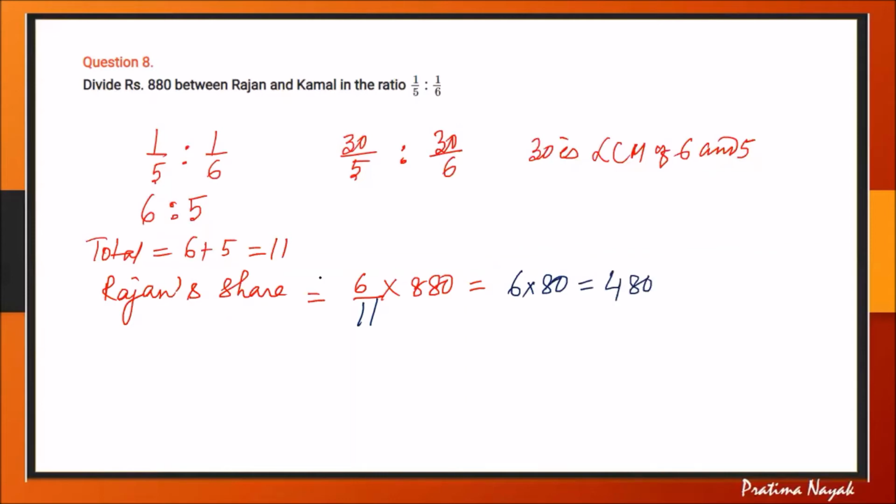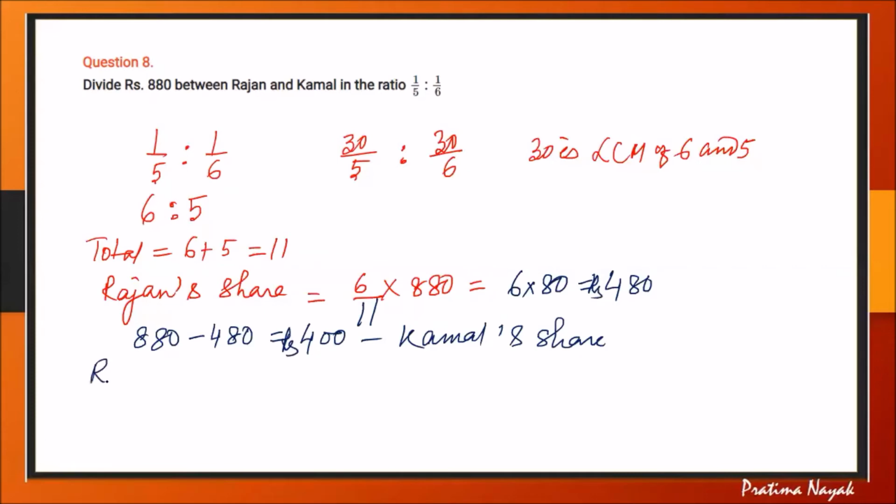Now you can subtract 480 from 880. So it will be how much? 400 is Kamal's share. So this is rupees. This is also rupees. You can write the statement now.